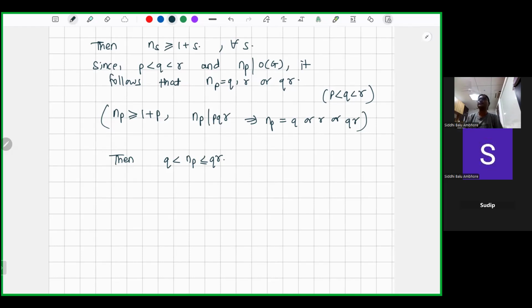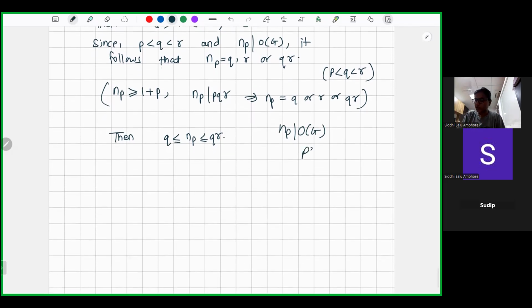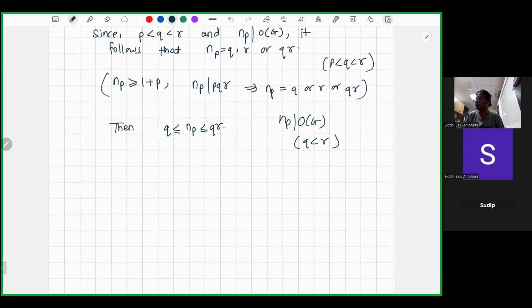Because NP divides this. I mean, this is by default because NP divides the order of the group. So NP has these possibilities. So NP is in between Q and QR. That's there, because I already have Q less than R. This is just basic. This is by default, the choice of NP and Q and R.